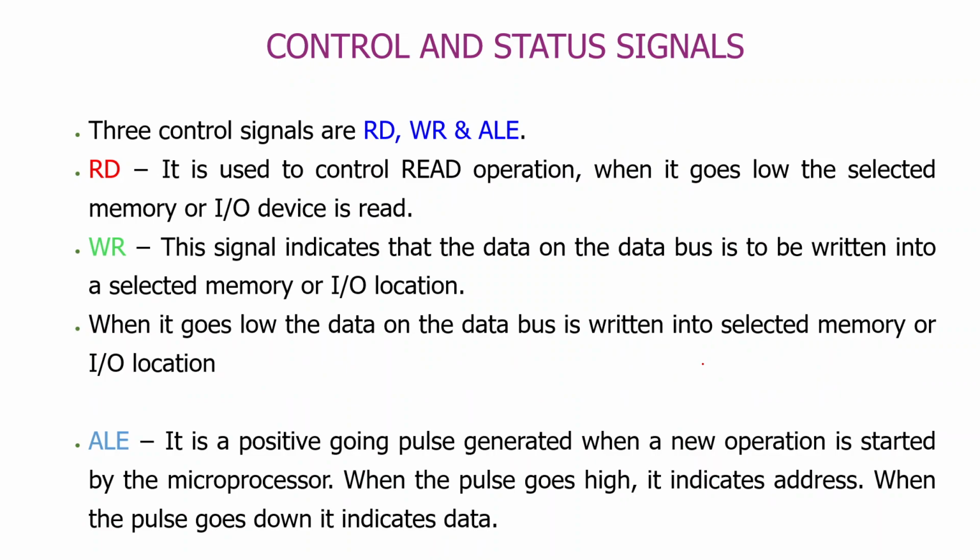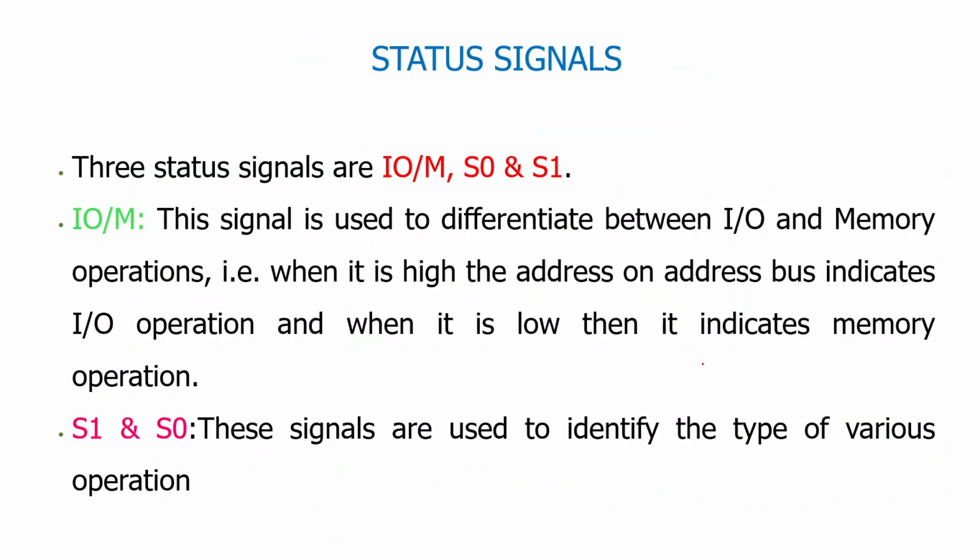Next, control and status signals. Here we have read, write, and address latch enable. As I explained previously, if the read signal is low it shows a reading operation. If the write signal is low it shows a writing operation. This ALE will tell whether the bidirectional bus is giving address or data.